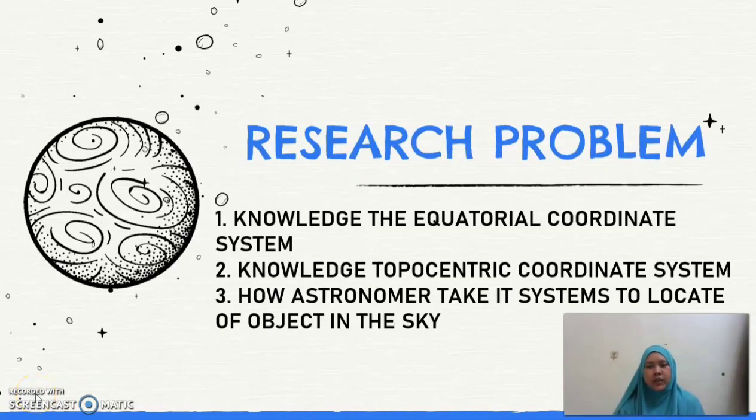Next, let me talk about the research problem in my problem-based learning. First, we acknowledge the equatorial coordinate system and then the topocentric coordinate system, and how astronomers use both of them.